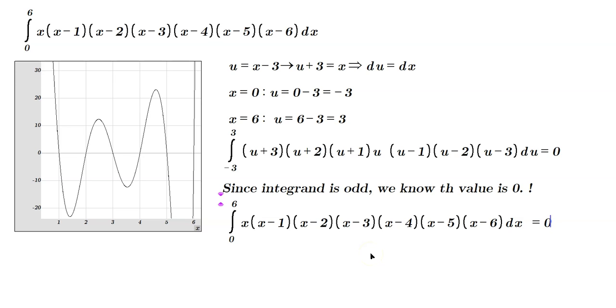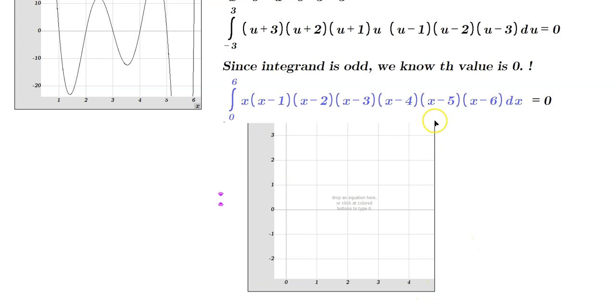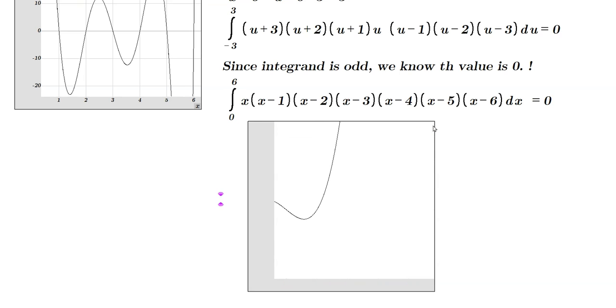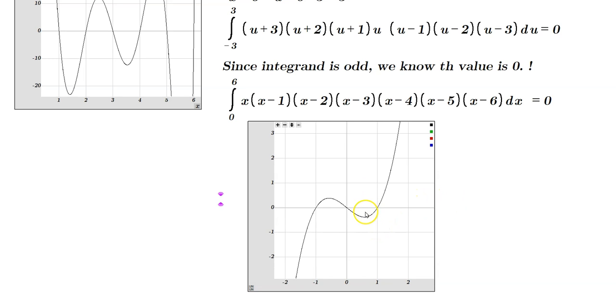In case you're not convinced that this is odd, just by inspection of the integrand, take a look. The picture shows it, but let me do the following. Imagine instead we have u plus 1, u in the middle, and then u minus 1. A simplified version. You see this? It looks like it's odd, correct? For each x there's a y, and for the negative x there's an opposite y.